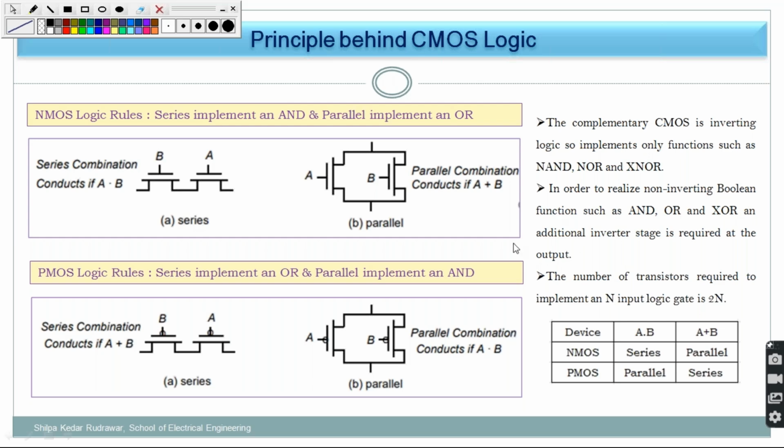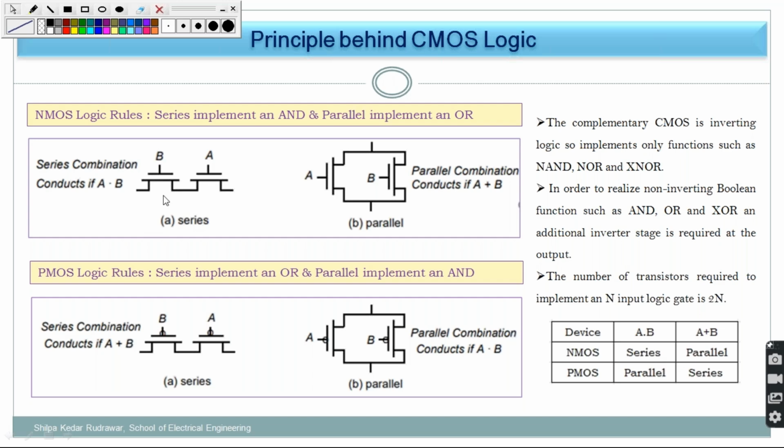So what is the meaning of this? As you know, in the pull-up network PMOS are connected, and in the pull-down network NMOS are connected. In the equation, if the term is A multiplied with B, you need to implement NMOS in such a way that 2 transistors will be in series.